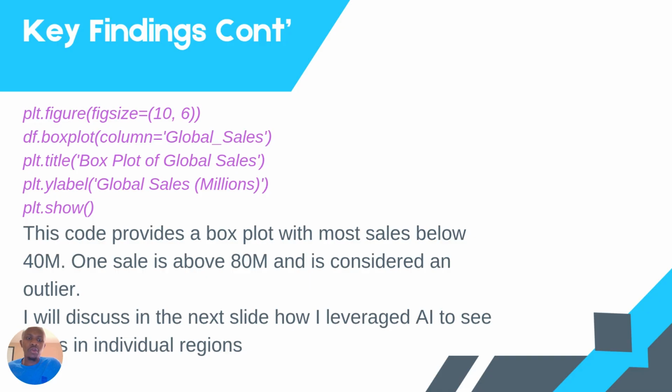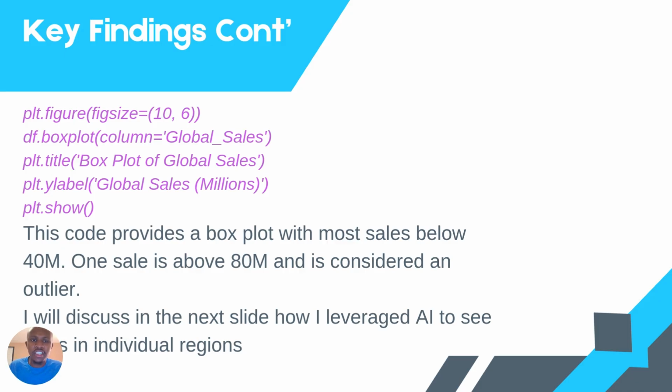Because even if you look at the rest of the sales in various regions, you will realize that most of them are either 40 million or below. The 80 million sounds so extreme, and in this project, we consider it an outlier.